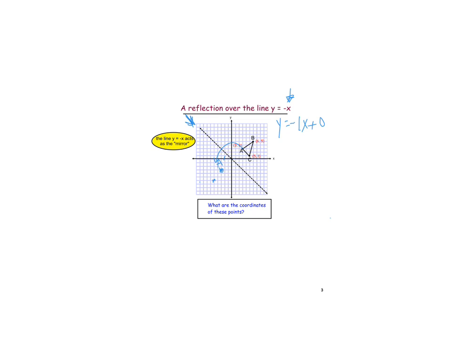This would be B prime. And then C prime would be here. Okay, so if we look at the next slide, we'll see what the rule is, which you could probably figure out if you analyze the coordinates.